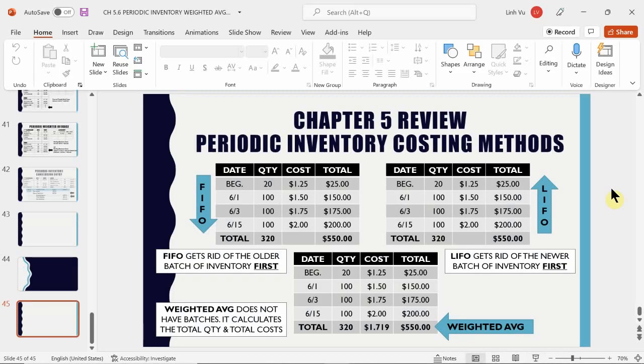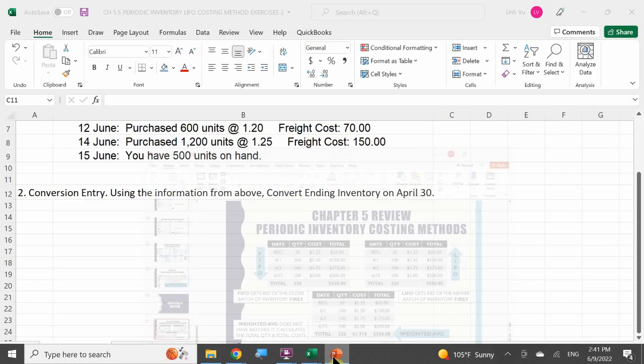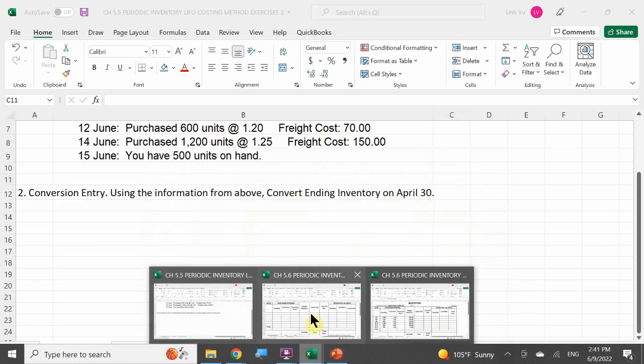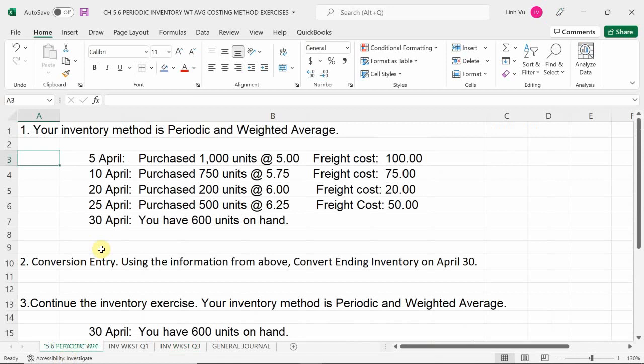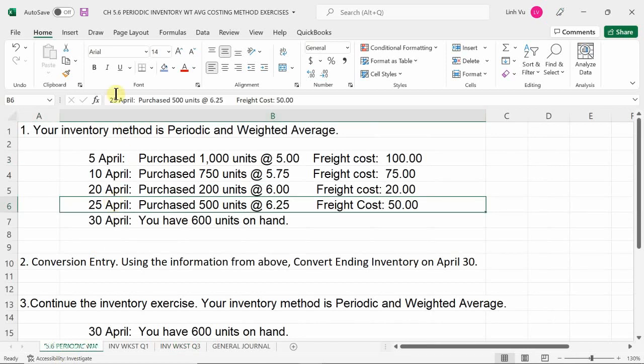Okay. All right, so let's go ahead and go through our first exercise, and then we'll take a quick break, okay? So here is the first 5.6 exercise, okay?